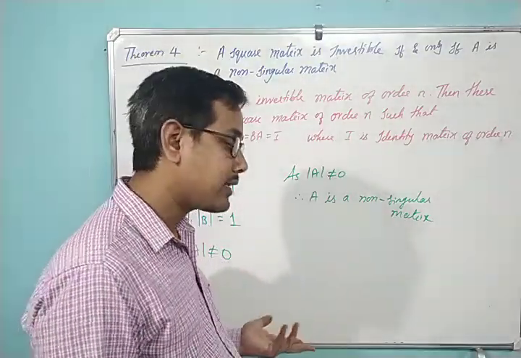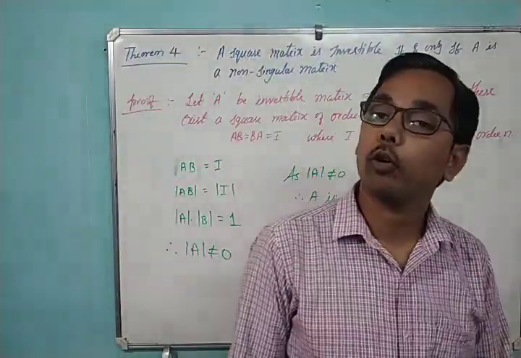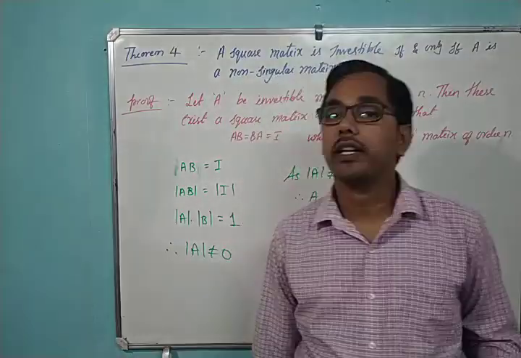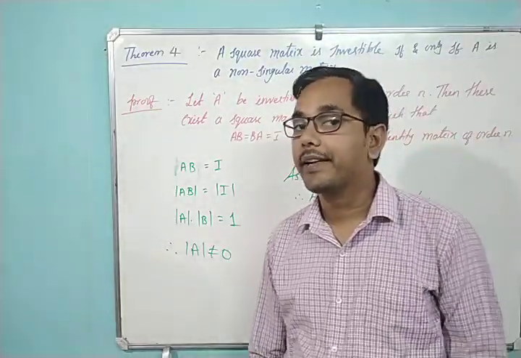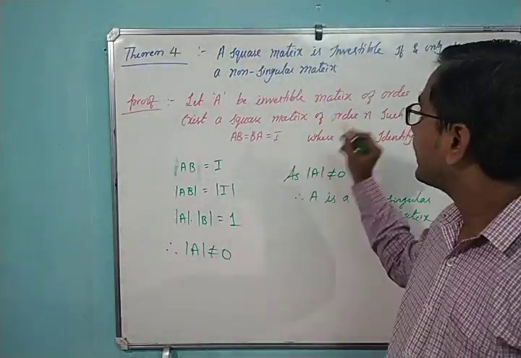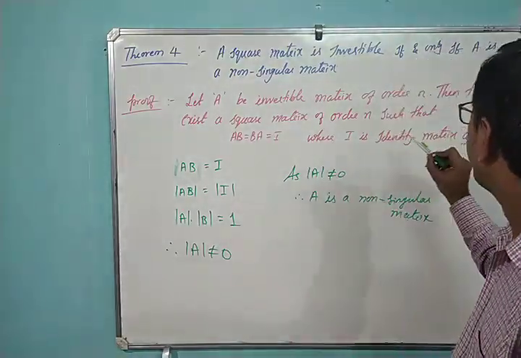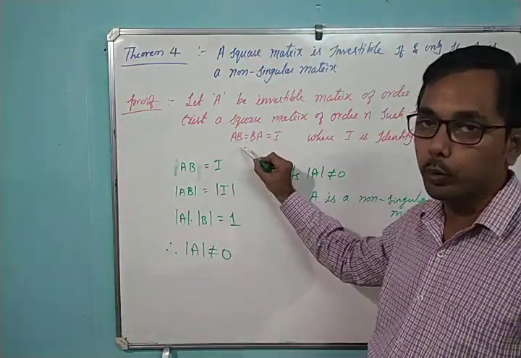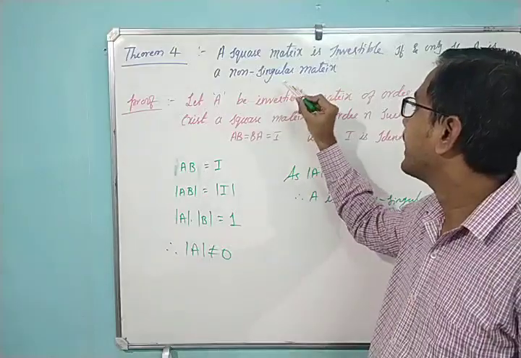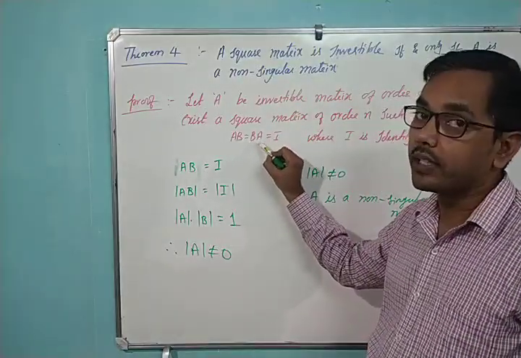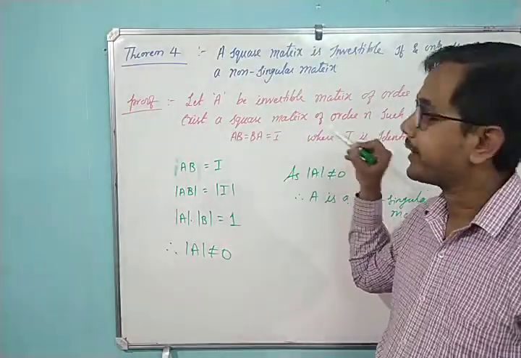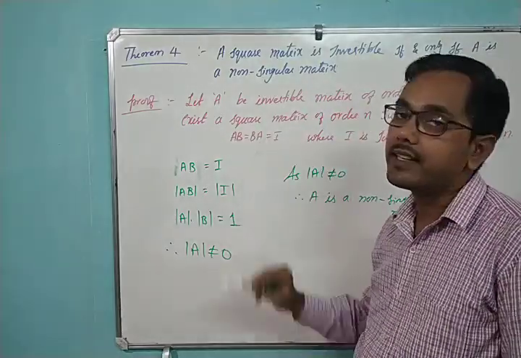If A is a non-singular matrix, we already know the relation of A into adjoint A. We can take that and you can prove that A has an inverse. This condition is to be proved. If you are taking A as a non-singular matrix, then you should prove that this condition holds good. Then only you can say that A is invertible.